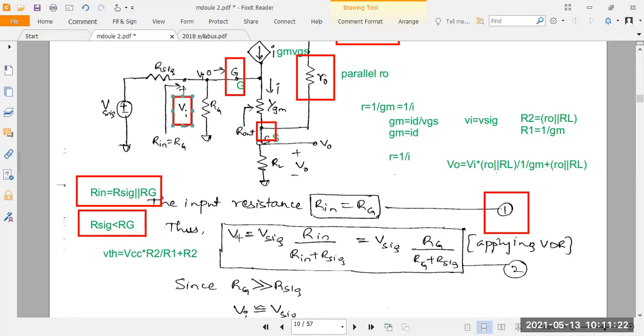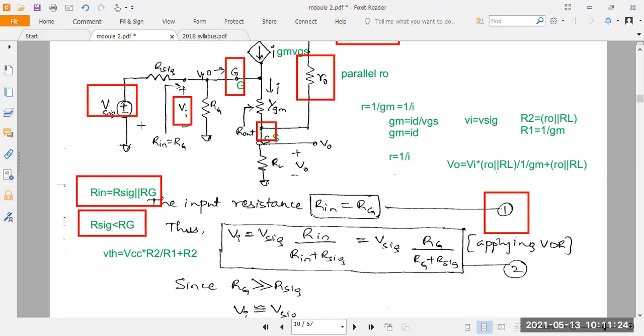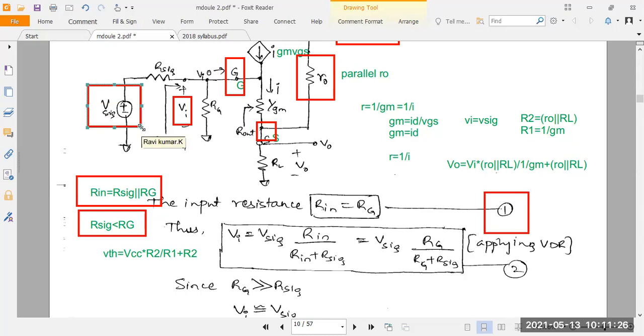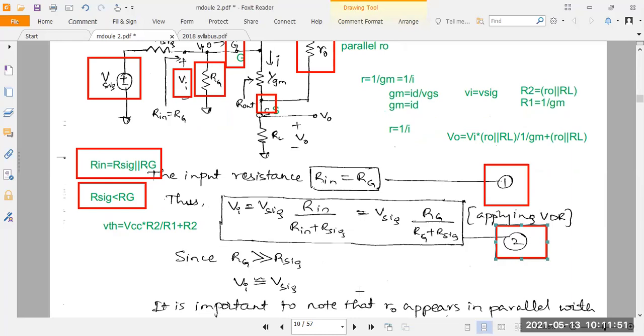Here VCC is V signal, the source voltage, that is VCC for the VGS. What is R2 here? The ground resistance, which is RG, that is Rin. Divided by R1 plus R2, which means Rin plus R signal. That is equation number 2.